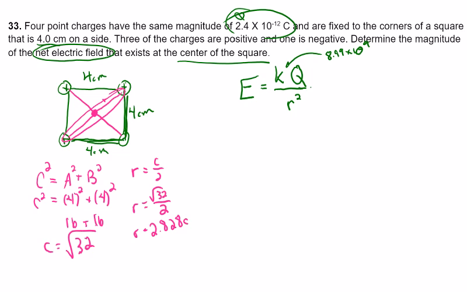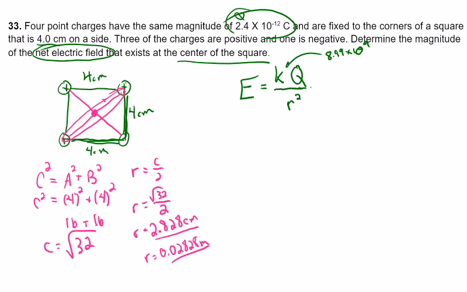And that's in centimeters. So keep that in mind, because we eventually want this in meters, but I've been doing everything in centimeters. So R here is actually going to be 0.02828 meters. So that's the first part.